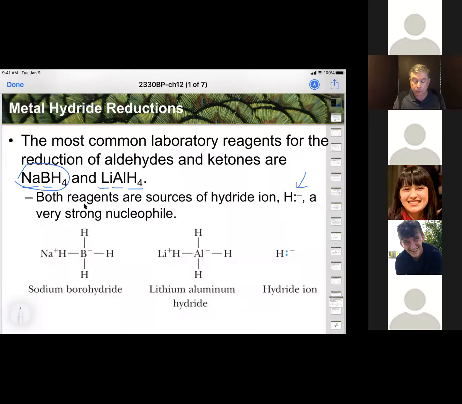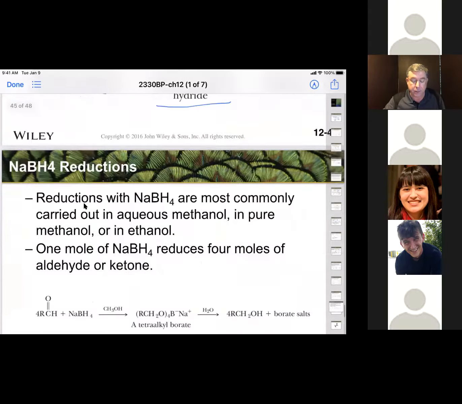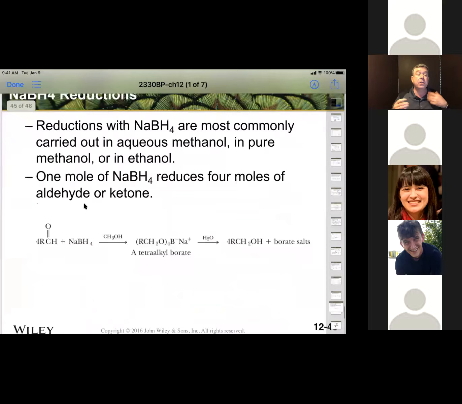So we have sodium borohydride and lithium aluminum hydride. Now, there's a difference in reactivity from them, and so we need to pay attention to that. Okay, in the sodium borohydride, we typically dissolve it in something like water or methanol, and what happens, it creates this complex with the alcohol or the water.